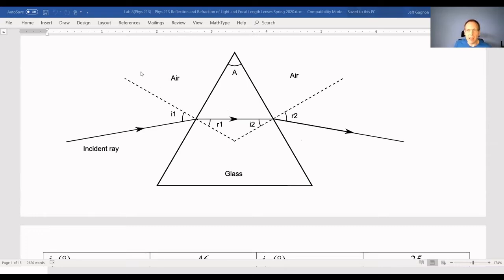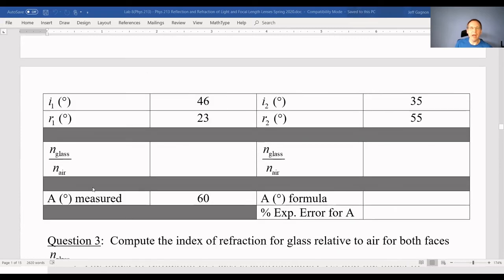It's saying that n_air times sin(I1) has to equal n_glass times sin(R1). So if you solve that for n_glass over n_air, you're going to basically get sin(I1) over sin(R1), but make sure you do that out. So it's really going to be the sine of I1 divided by the sine of R1. That'll give you this value.